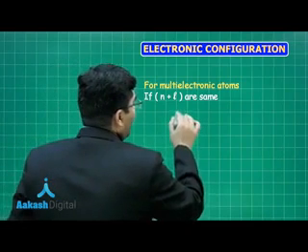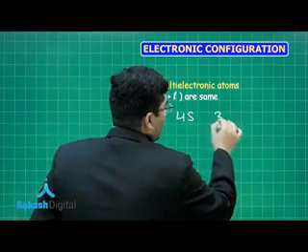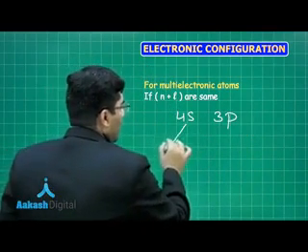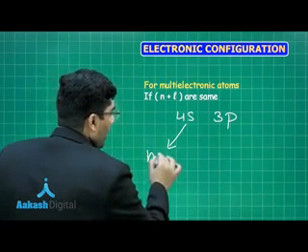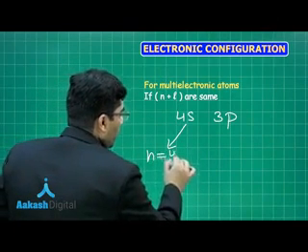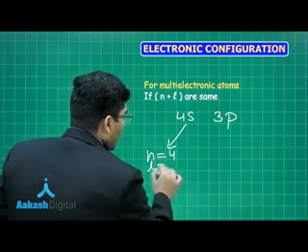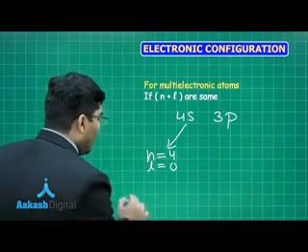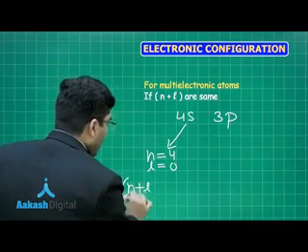Suppose we have 4s and 3p. Now for 4s, n is equal to 4, right? And l is equal to 0 because it is 4s. So what is n plus l? n plus l will be equal to 4.